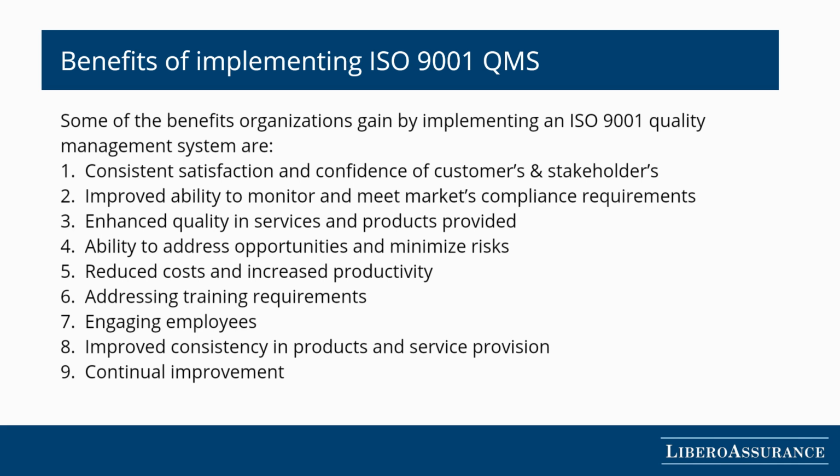Enhanced quality in services and products. 4. Ability to address opportunities and minimize risks. 5. Reduced costs and increased productivity. 6. Addressing training requirements. 7. Engaging employees. 8. Improved consistency in products and services. And finally, 9. Continual improvement.